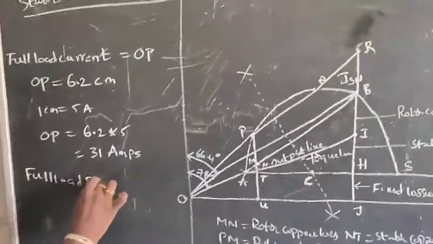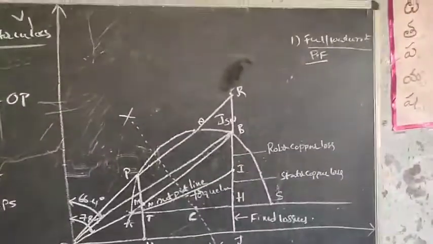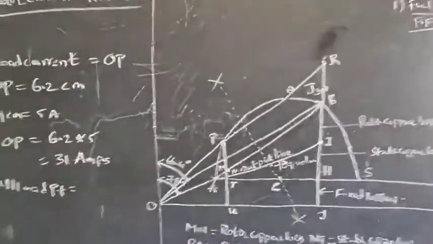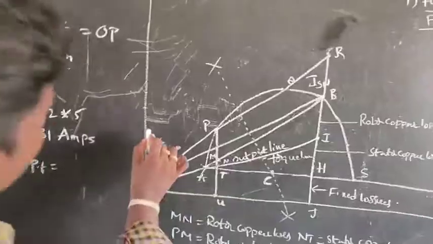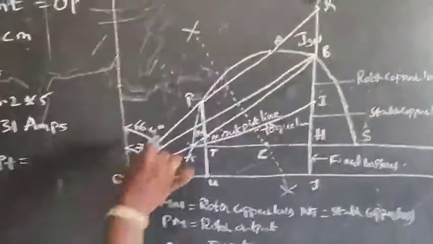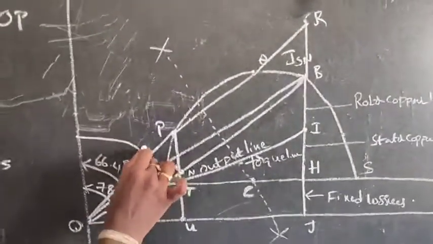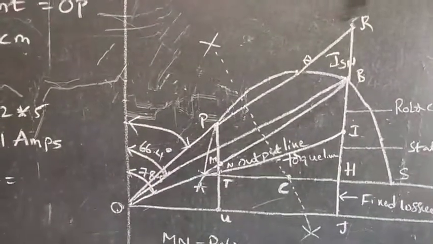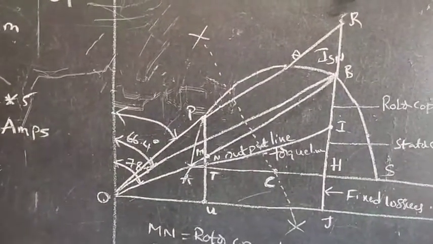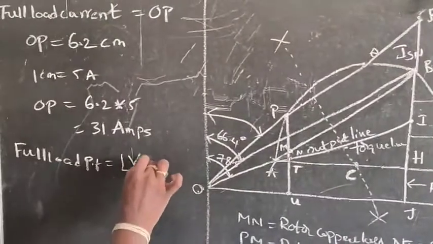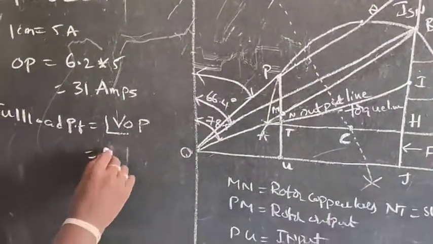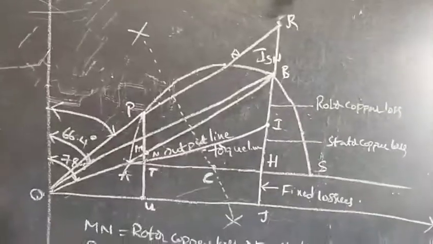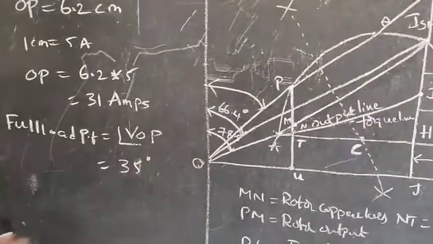Next, full load power factor. The angle between V and OP, this is the angle. Check using the protractor. From this problem, the angle is 35 degrees.